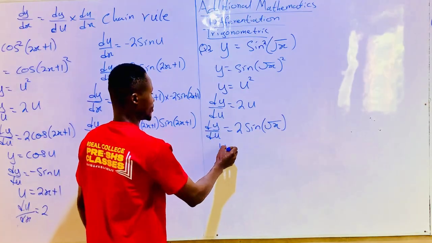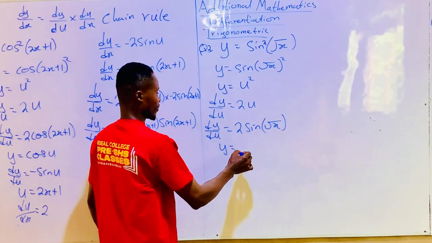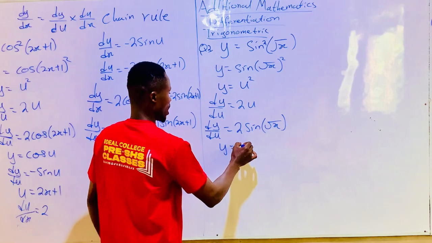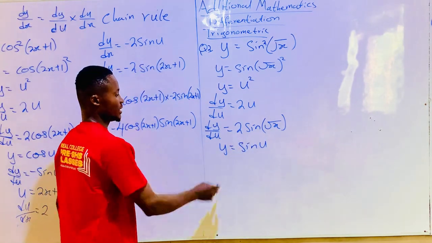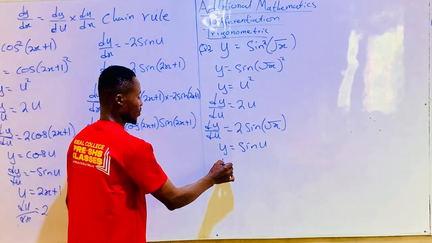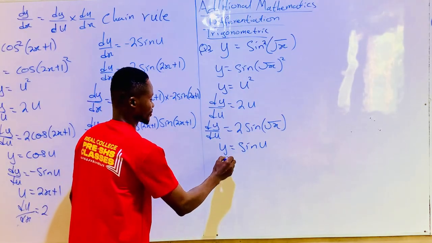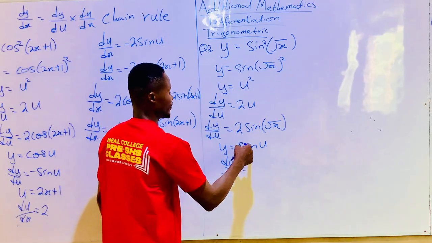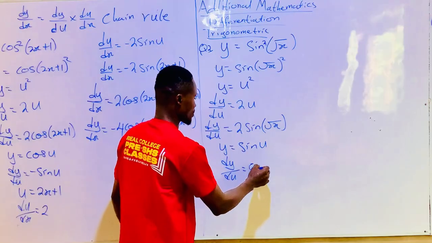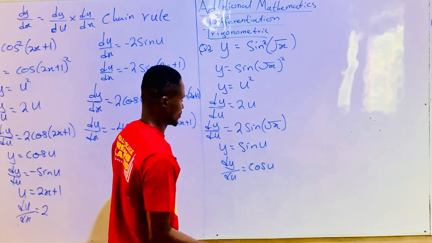So our y will be equal to sine u. So we differentiate this. So our dy over du will be equal to, when we differentiate sine, we'll get cos u.